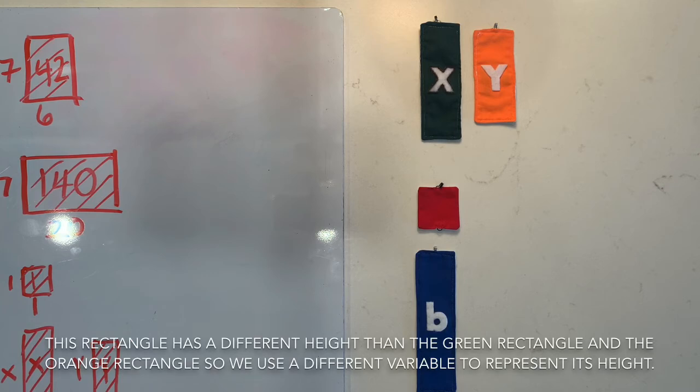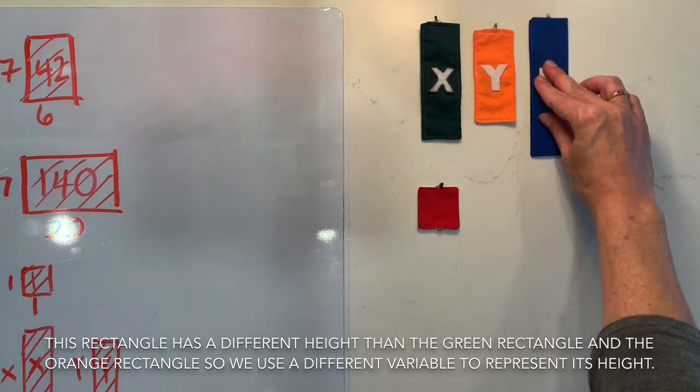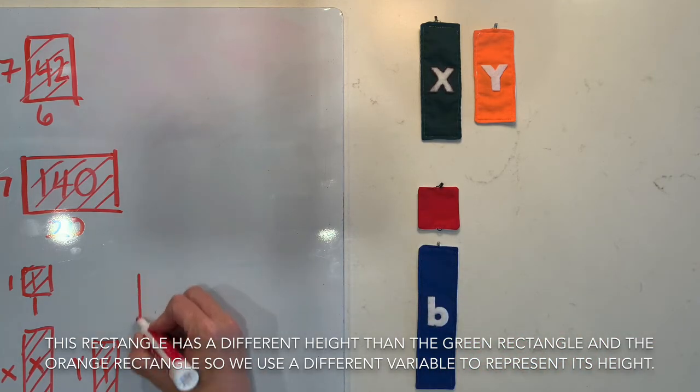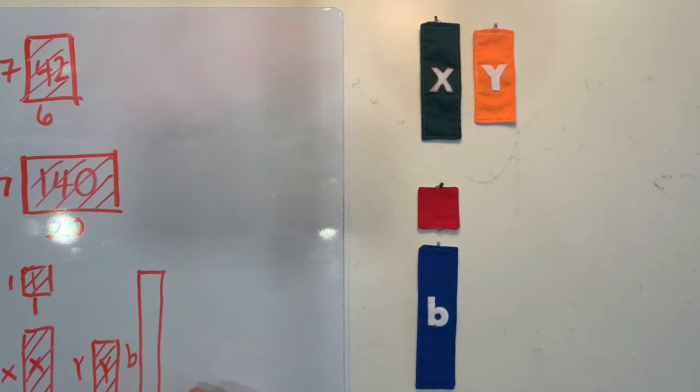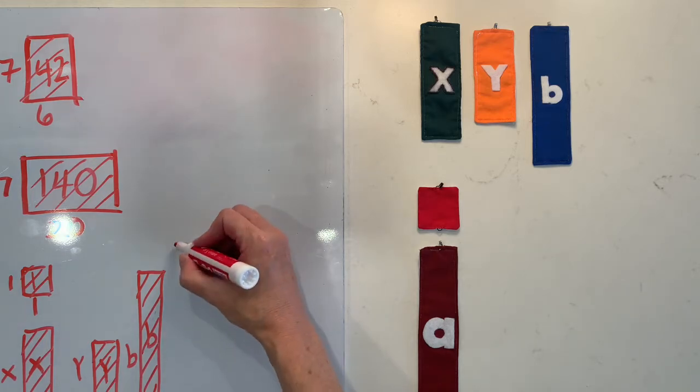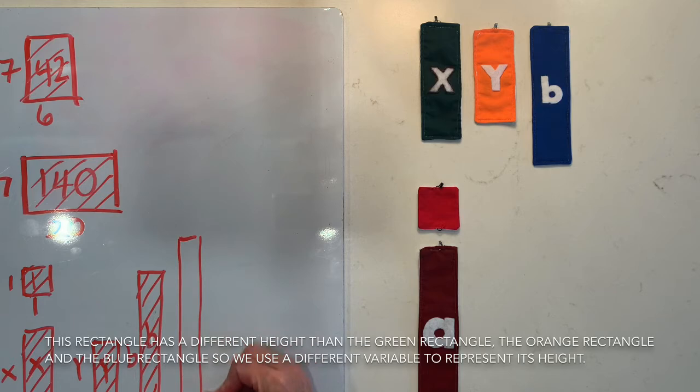If we had a rectangle that was a width of 1 unit and a height of b units, because it was a different length than our other rectangles, so we called it b, we would say it has an area of b units squared. And if we had one more rectangle that was a height of a and a width of 1, we would say that it has an area of a units squared.